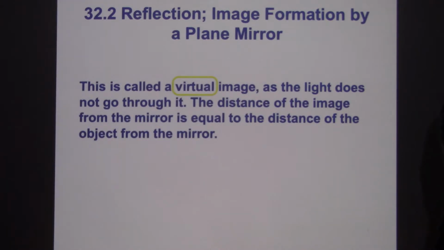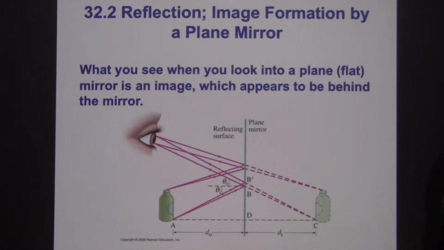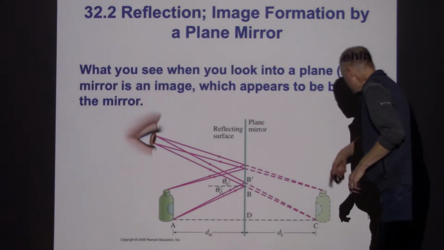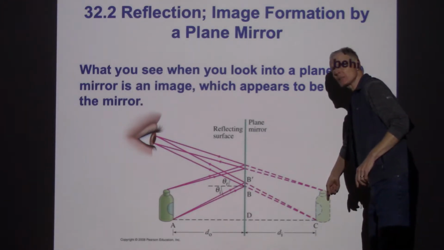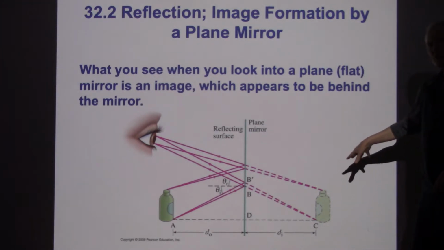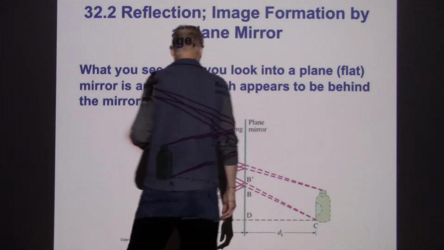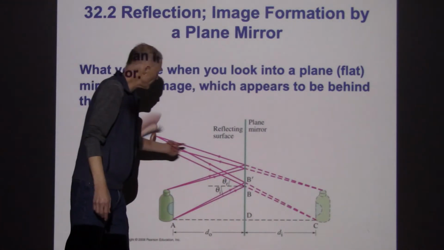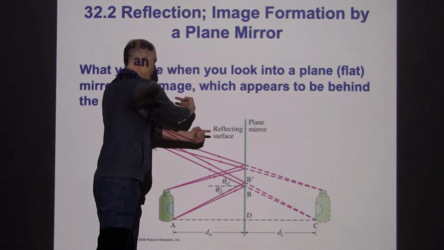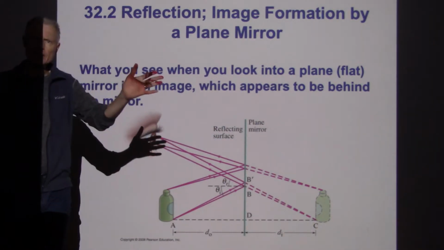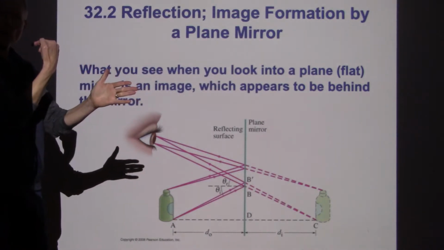Now this is referred to as a virtual image. Let me go back and look at this. The light never reaches that point. If you think of what the light actually does, the light actually goes this direction and then it goes back this way. So the light is incident on the mirror and then it goes in the opposite direction.